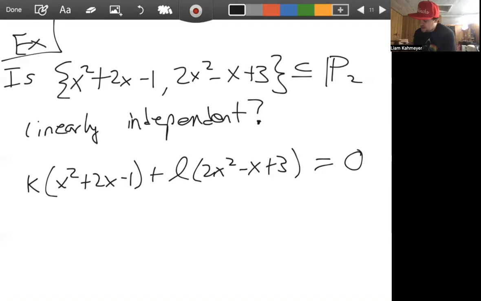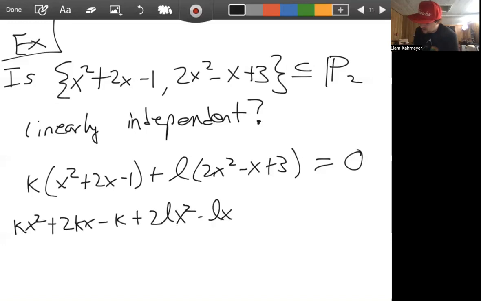We can distribute twice on the left, so we're going to get kx squared plus 2kx minus k, and then plus 2lx squared minus lx plus 3l is equal to 0.